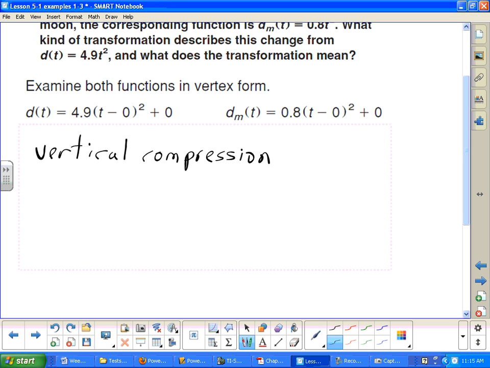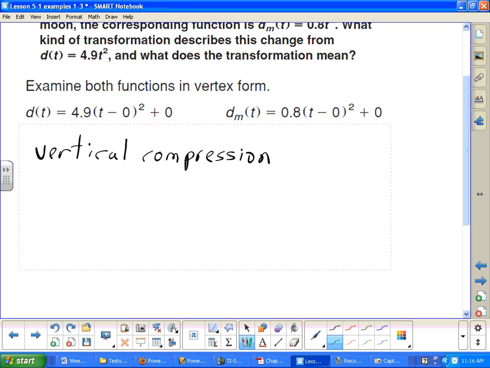You subtract them. Okay, is it okay to subtract them in this case? What are we doing with the numbers 4.9 and 0.8? We're multiplying by those numbers, right? To be able to find something. So if I'm multiplying to be able to get something, and I'm talking about a comparison of those numbers, then what do I have to do to compare them? I have to divide to compare them.